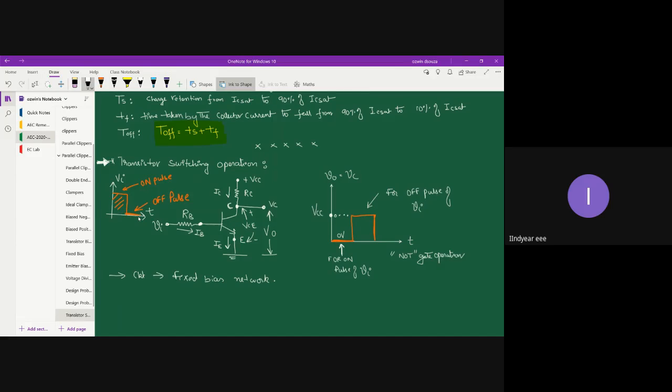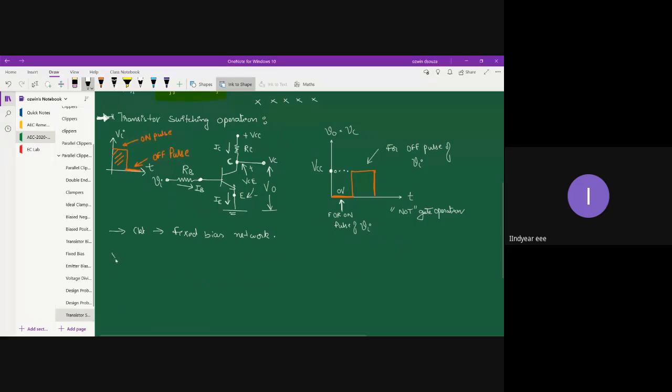All right, fine. Now what we have to do here is see what happens when an on pulse is coupled to the base terminal, and what happens to the transistor operation when an off pulse is fed to the transistor input terminal. So let us break down the analysis into two parts.